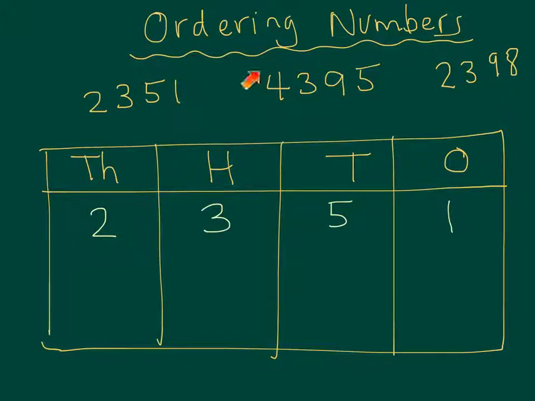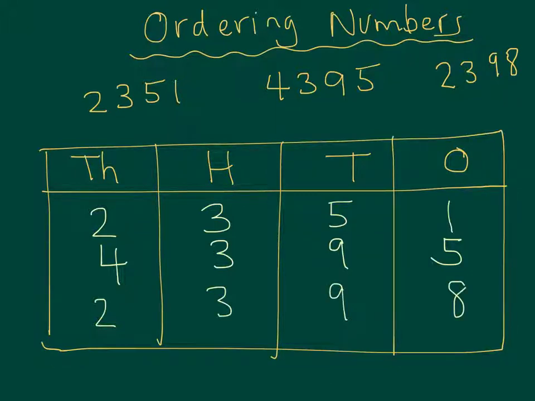Now the next number we have here is 4,395. And the third number we have is 2,398.